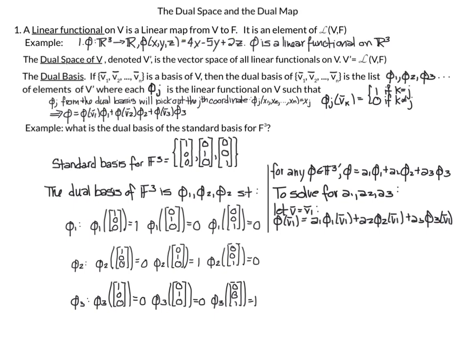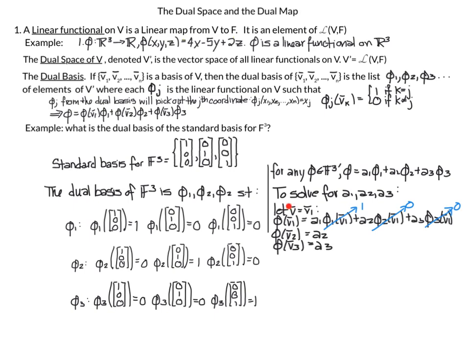And now we know that phi1 of v1 is equal to 1, because remember, here phi1 picks out the first basis vector. Over here, we have phi2 of v1, that goes to 0, and phi3 of v1 also goes to 0, again because phi2 and phi3 on our first basis vector will go to 0.